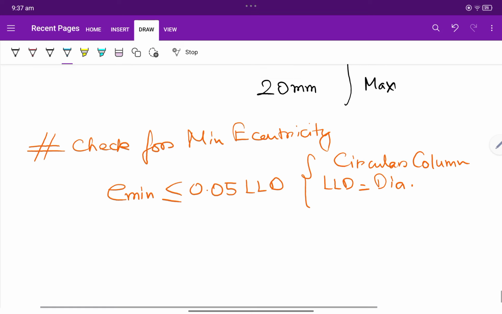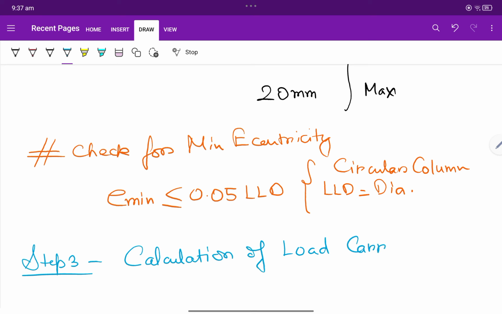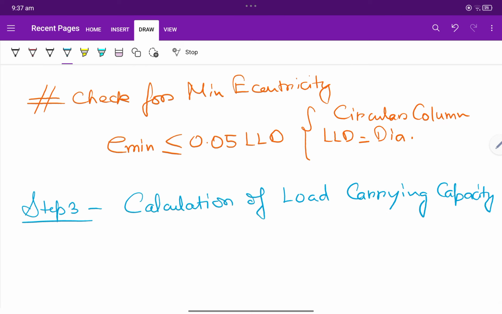Step 3 will be calculation of load carrying capacity, mainly represented by Pu.